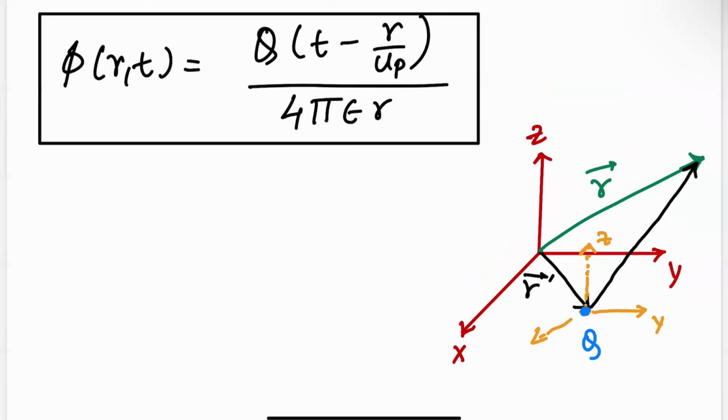So in terms of the original coordinate system, this vector we can call R2. The R2 vector is R minus R prime, from vector addition, which means that R in this new coordinate system is the modulus of that.